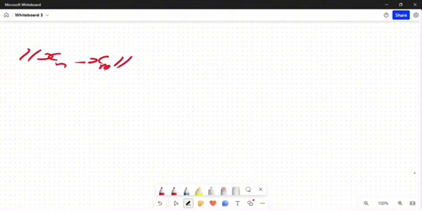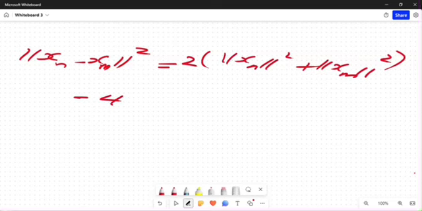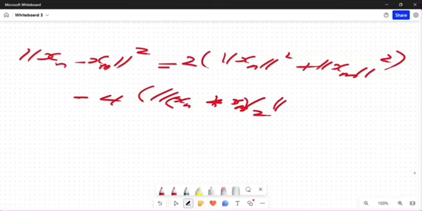So you have the norm of x_n minus x_m. By the parallelogram law, the norm of x_n minus x_m squared is equal to 2 into the norm of x_n squared plus the norm of x_m squared, minus 4 into the norm of (x_n plus x_m) over 2, all squared.